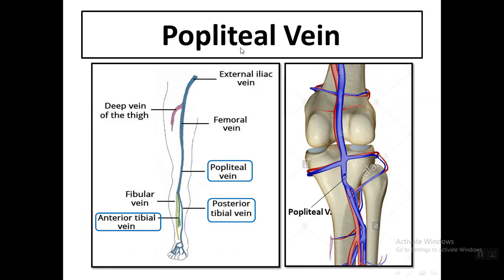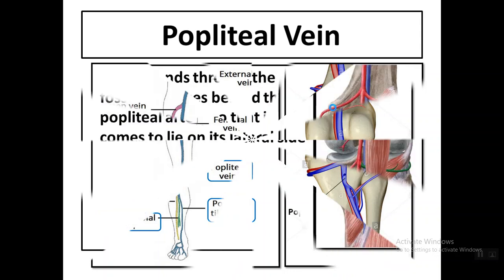Next, with the popliteal artery we have the popliteal vein. This is the popliteal vein running through the popliteal fossa. It is formed by the fusion of the anterior tibial vein and the posterior tibial vein at the lower border of the popliteus muscle. It ascends through the popliteal fossa accompanied by the popliteal artery.